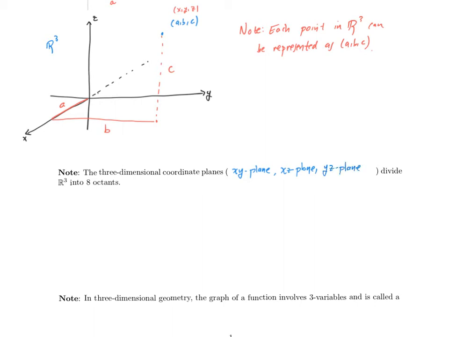So we have these three coordinate planes, and they divide three-dimensional space into 8 octants. And of all of those octants, there's typically only one that we ever refer to.